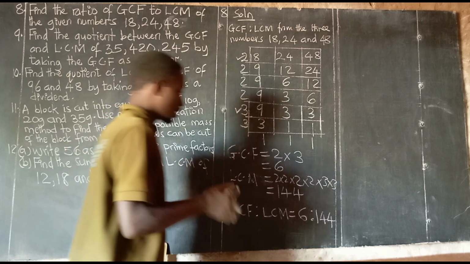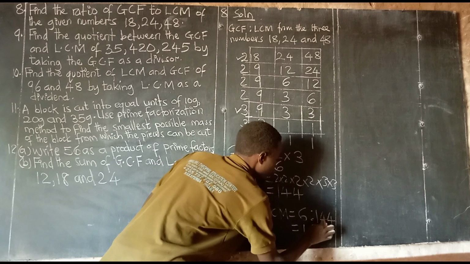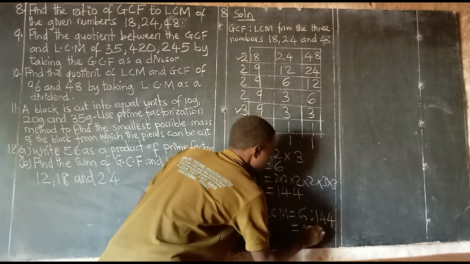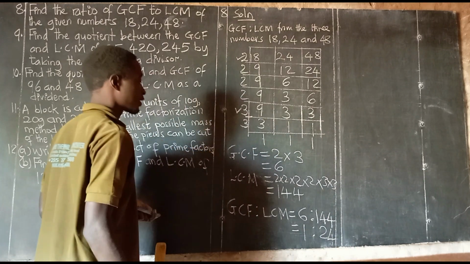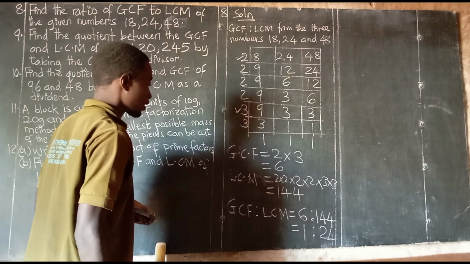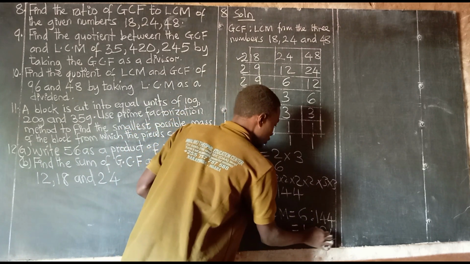Yes. When you divide 6 by 6, you get 1. When you divide 144 by 6, you get 24. So the ratio of GCF to LCM is 1:24.